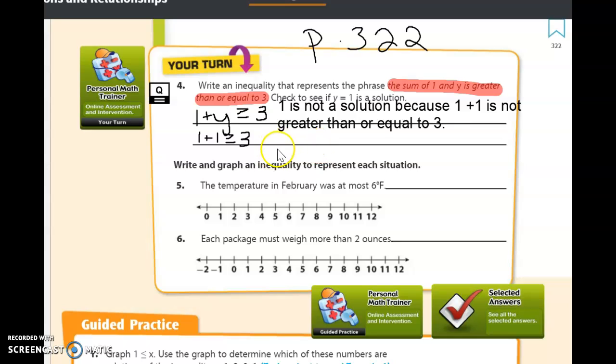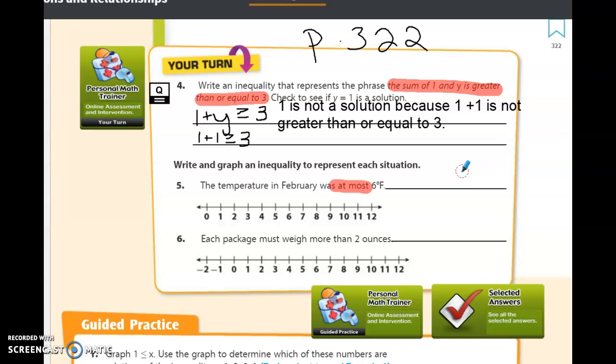All right, number 5, write and graph an inequality to represent each situation. The temperature in February was at most 6 degrees Fahrenheit. Well, remember at the beginning of this lesson, we said in a word problem, when you see the words at most, it tells you it's going to be less than or equal to.